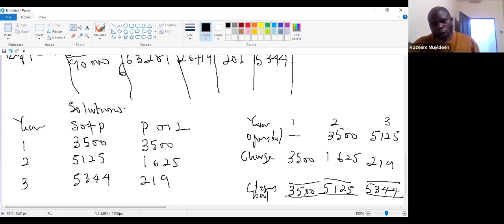The closing balance of year 1 will be the opening balance in year 2, 35. We close with 5.25. The charge is 1,625. Then in year 3, opening balance of 5.25, we close with 535. This is the charge. Is that clear?